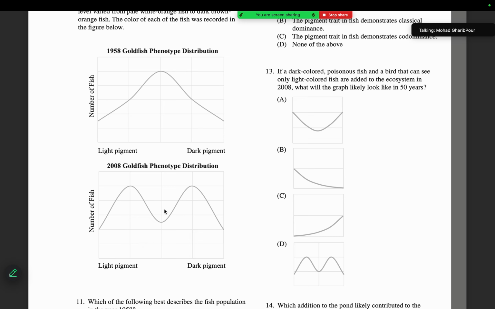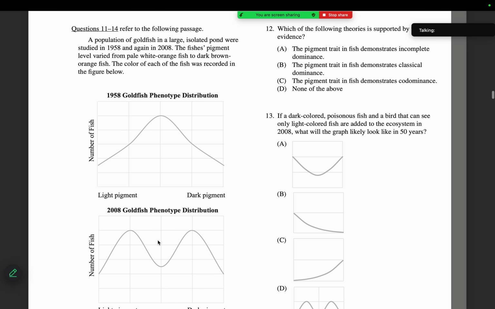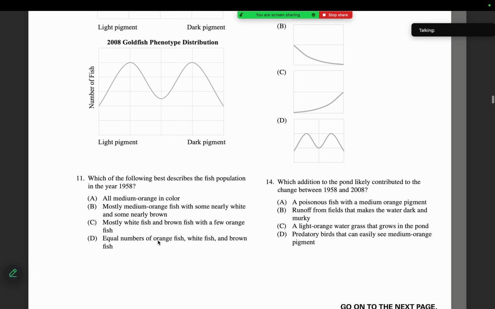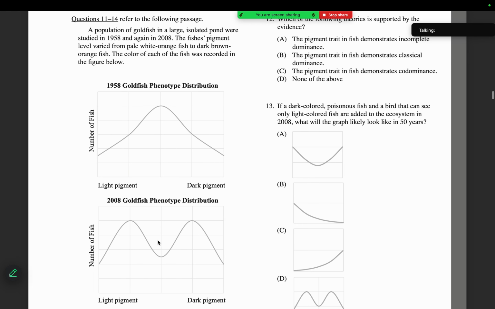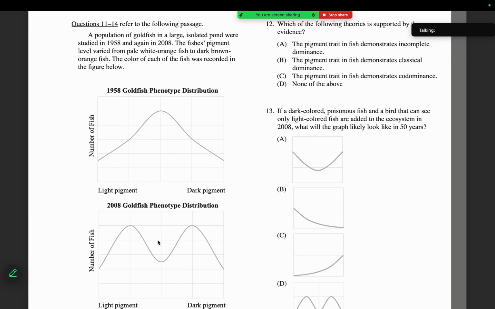What do we call this? Going from this kind of distribution to this. Nobody? What kind of selection is happening?